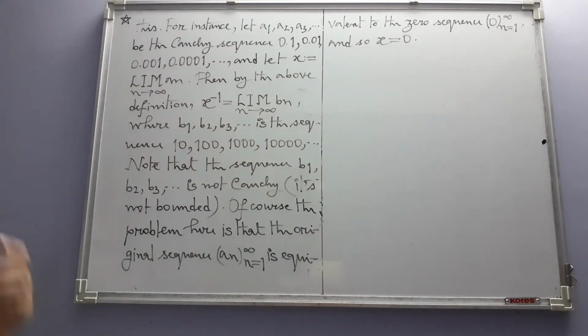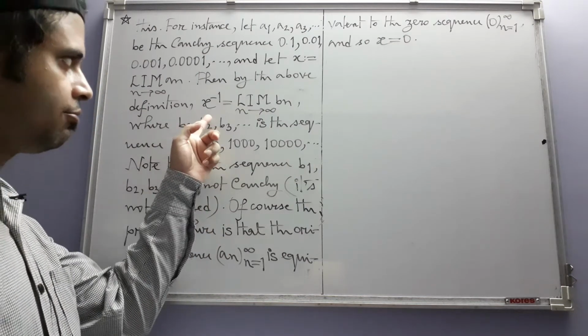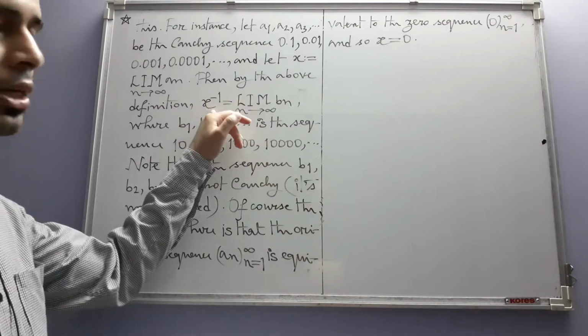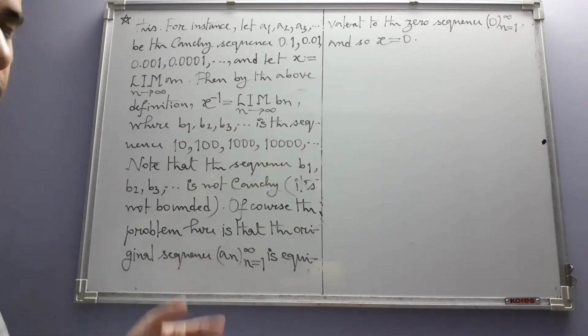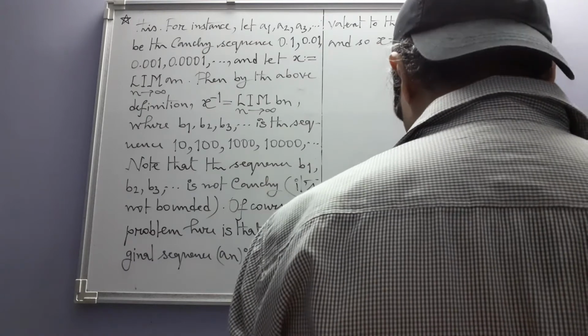That's why it cannot be reciprocated, and this strange situation has arisen. We are not supposed to be able to apply the operation of reciprocation to x simply because x is 0.